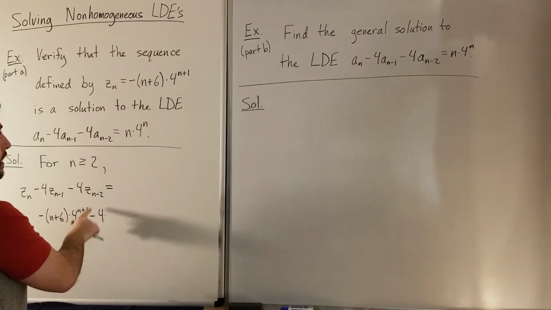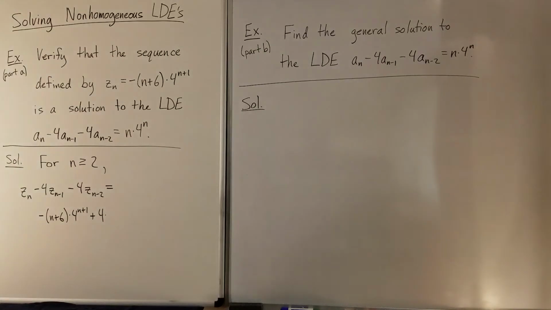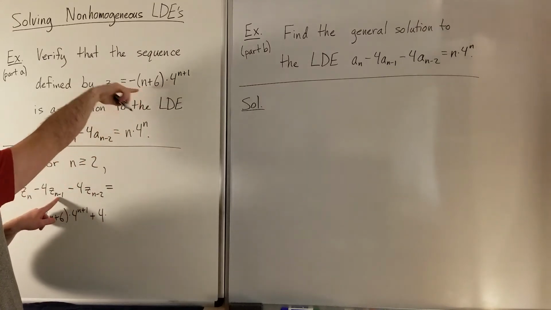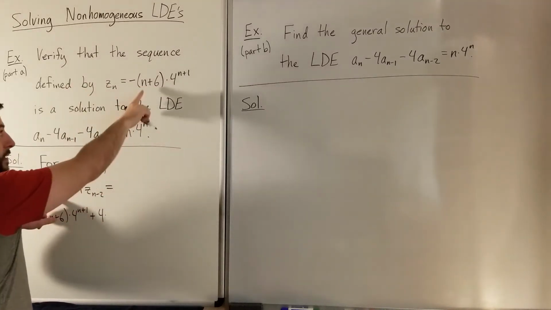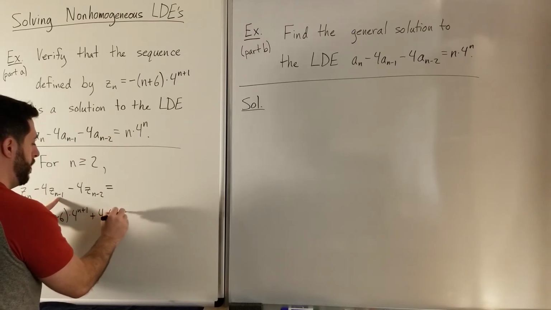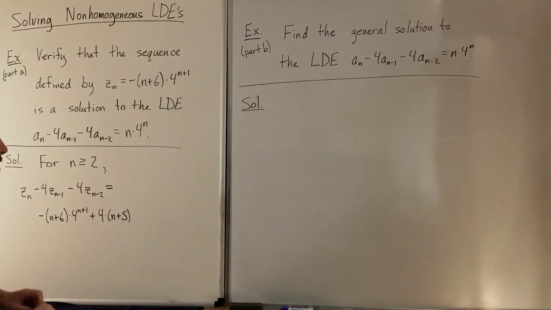I'm subtracting this off, and I have a minus sign here. I'm just going to make that a plus. And if I replace n by n minus 1, because we're looking at the n minus first term, then this n plus 6 is just going to turn into an n plus 5. So we have plus 4 times n plus 5.